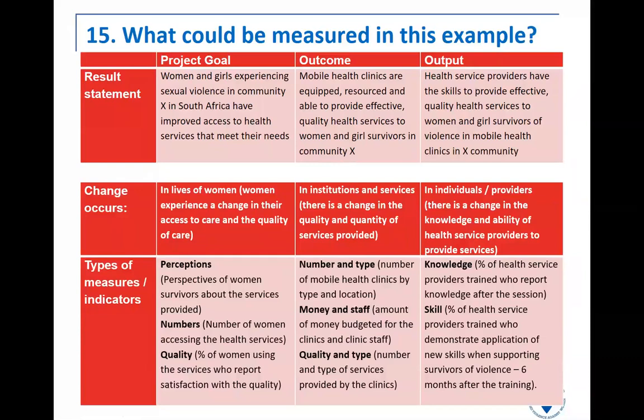And you can also look at the type of services. So really, depending on your project, you would need to decide what the real focus is. But these are examples of how you can turn a result into an indicator. I won't go through the last example because you can read that in your own time.